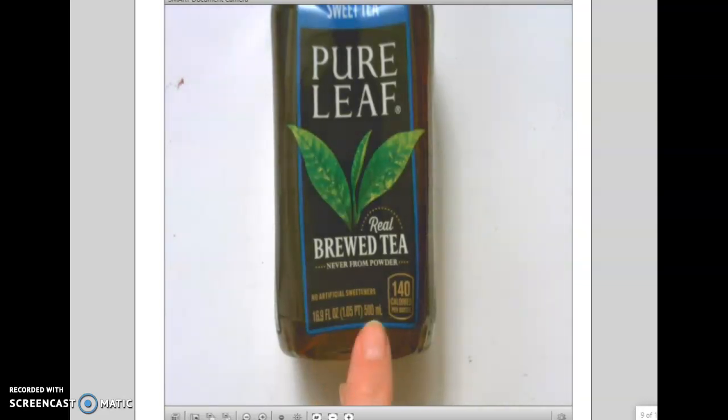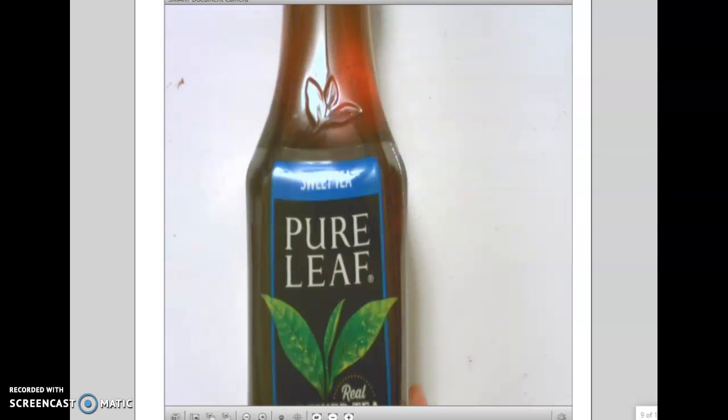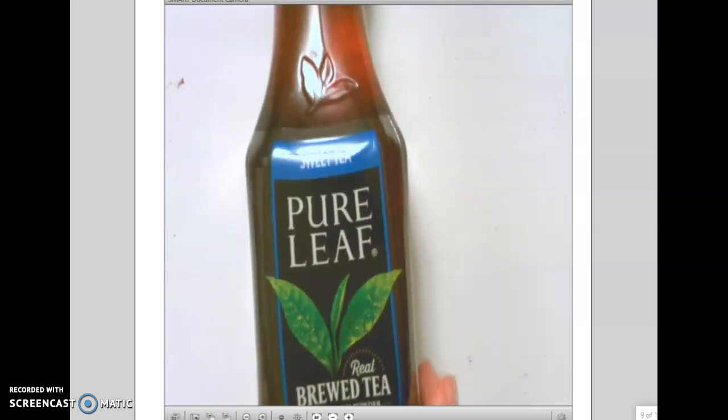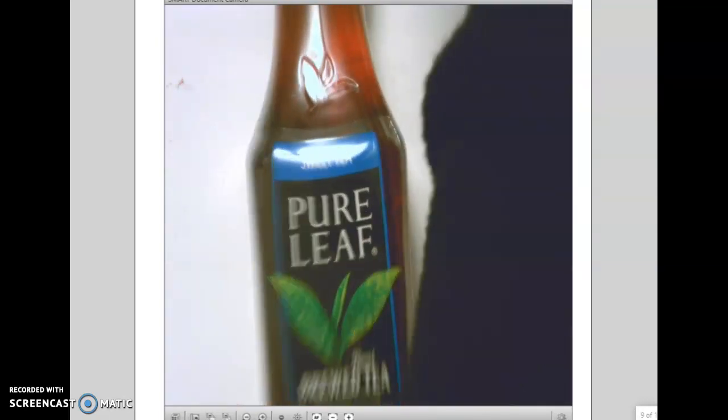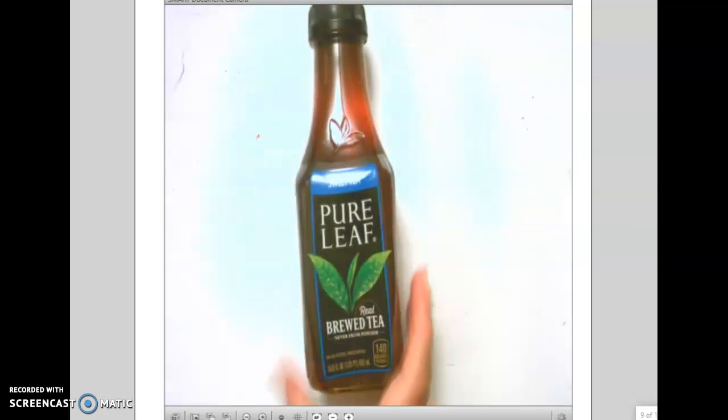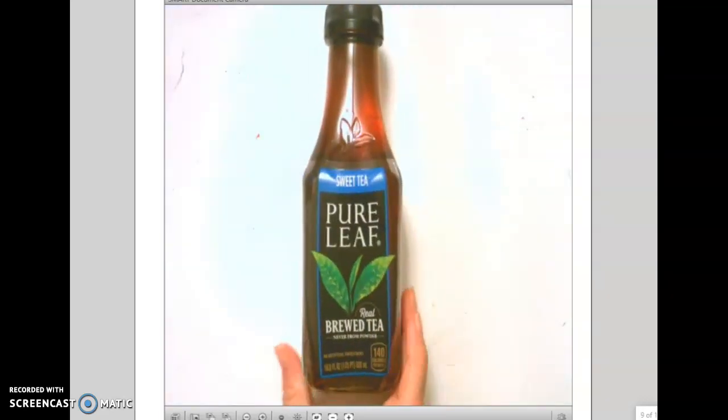Here's the metric measure right here, 500 milliliters. 1,000 milliliters equals 1 liter. I have 500, so I have half of a liter here. So drinking one of these is like drinking a half liter of liquid. That's one of those servings you can buy in a grocery store or a convenience store.